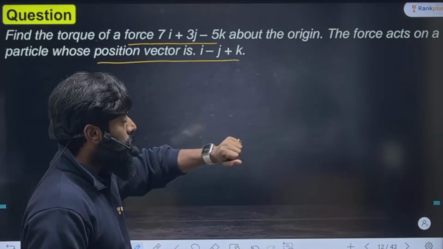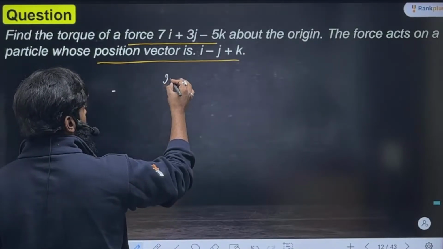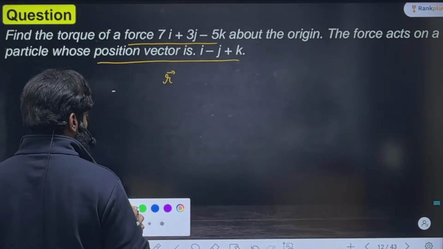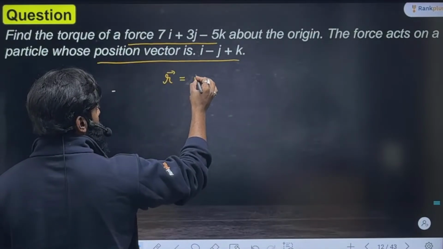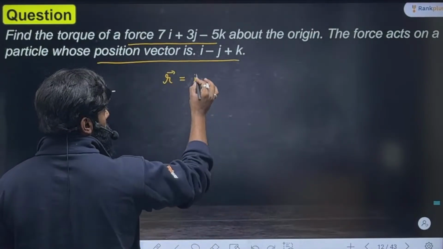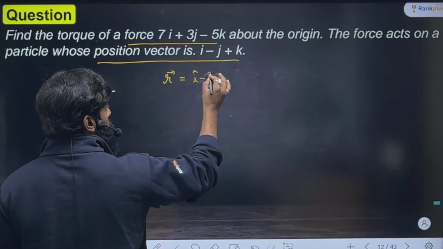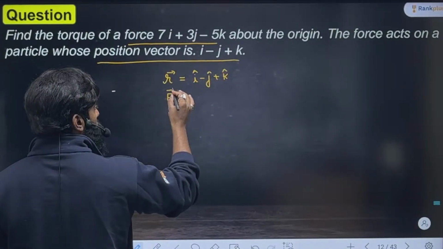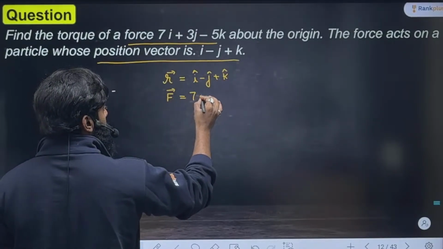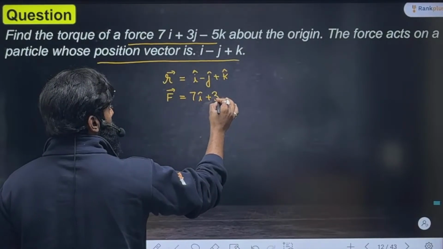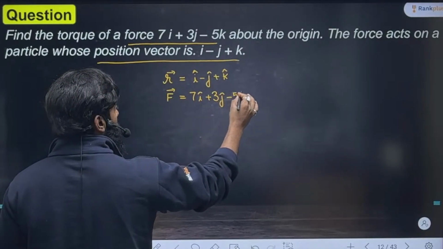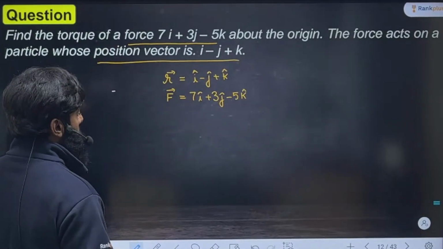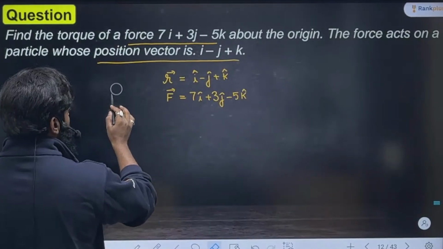According to the question, the R vector is given as I cap minus j cap plus k cap. The force vector is also given to us: 7 I cap plus 3 j cap minus 5 k cap. So these are given to you.